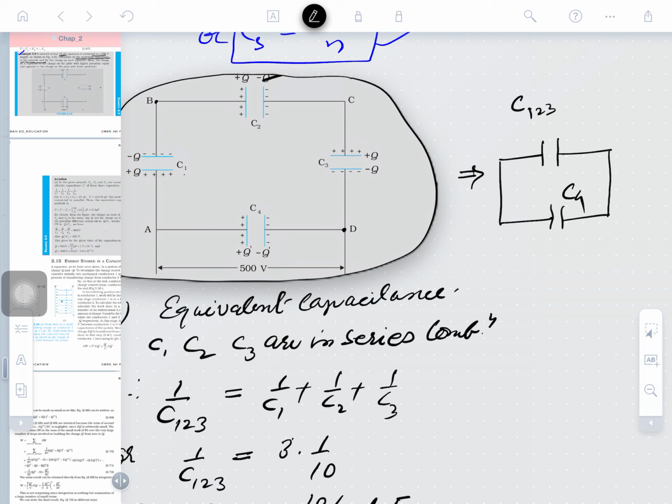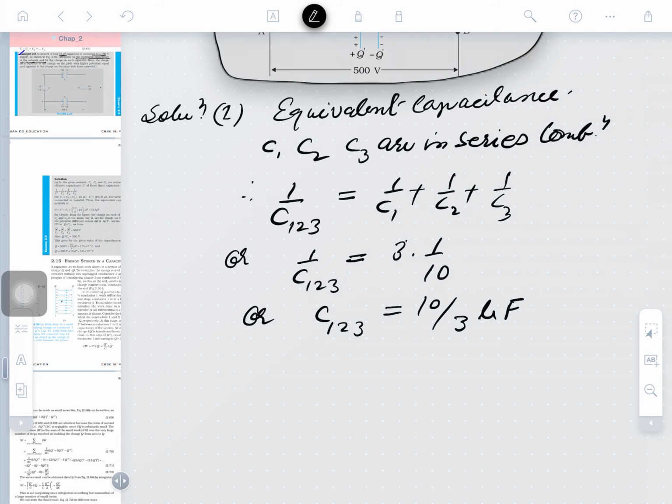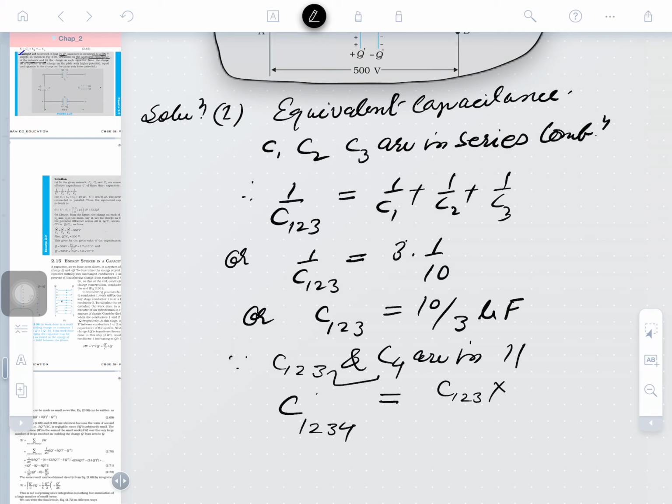So, what is the connection pattern here? Obviously, C123 and C4 are in parallel. So, the equivalent is represented as C1234. What is the manner of the parallel? Product upon sum, C123 times C4 divided by C123 plus C4.